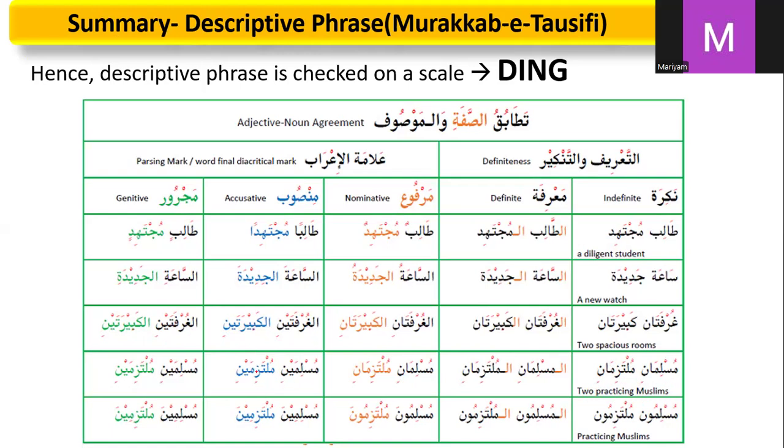But if it is in the mansub and majrur state, aini, aini. Now plural also the same. If it is jam' salim, what is the ending? Una, ina, ina. Here also the same. Muslimuna multazimuna. So here una, una. And when you take it in the accusative, ina, ina.